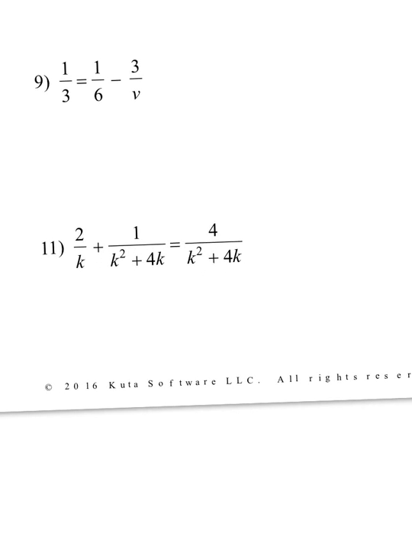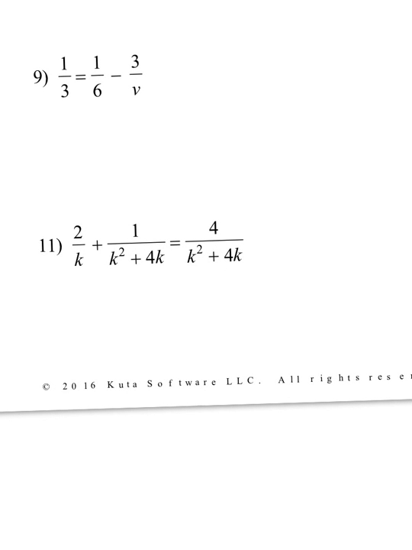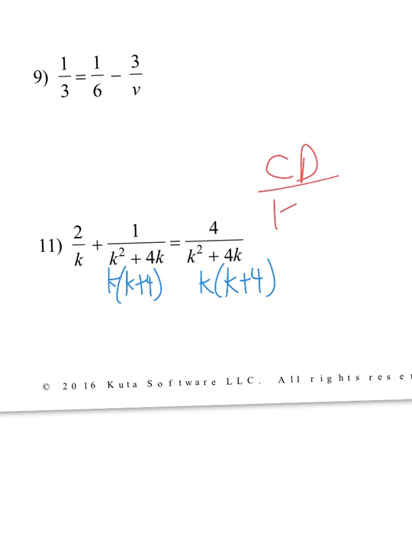Right down here. Now, these get a little more complex. You're going to want to factor denominators where you can factor. And that's only going to be the case if they were binomials or trinomials. So right down here, I notice I can take a k out, and I'm left with k plus 4. I can do the same thing over on this one. And so if you think about your common denominator here, it's really the monomial k and the binomial k plus 4.